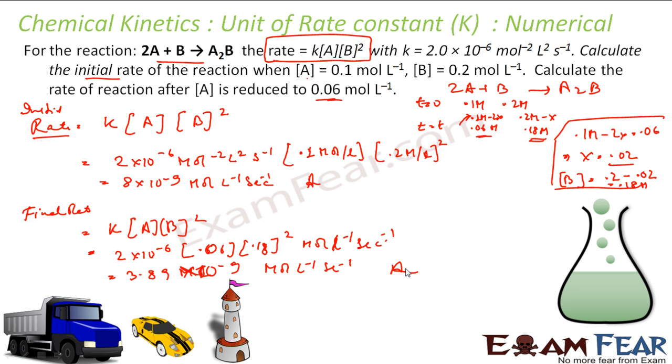So if you see here, the rate of reaction has decreased from 8 into 10 to the power minus 9 to 3.89 into 10 to the power minus 9. As time passes by, as the concentration of reactant goes down, the rate of reaction also will decrease.